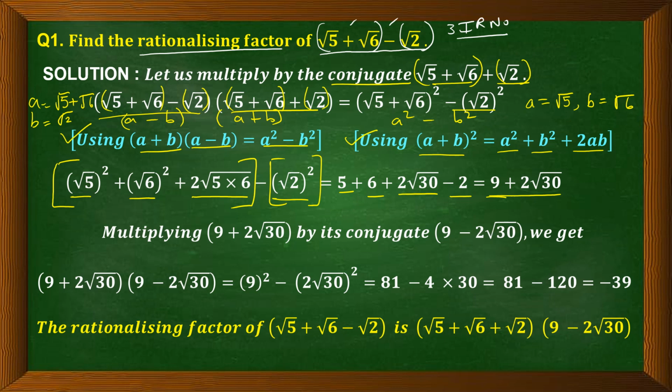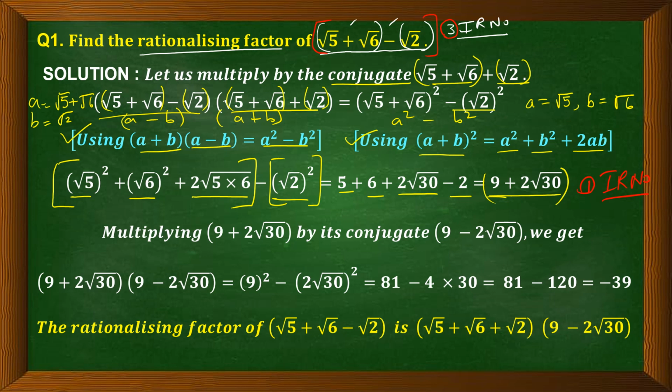This is an expression in which there is only one irrational number. So we have simplified the given expression which had three irrational numbers into an expression which has only one irrational number. Further, we can also rationalize it because there is still one irrational number.